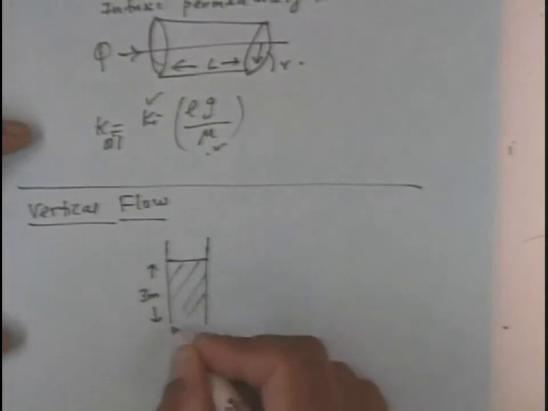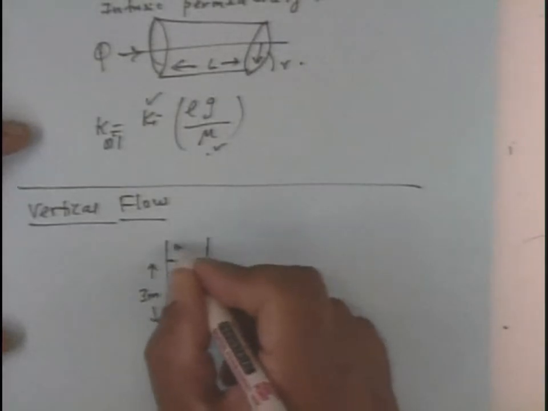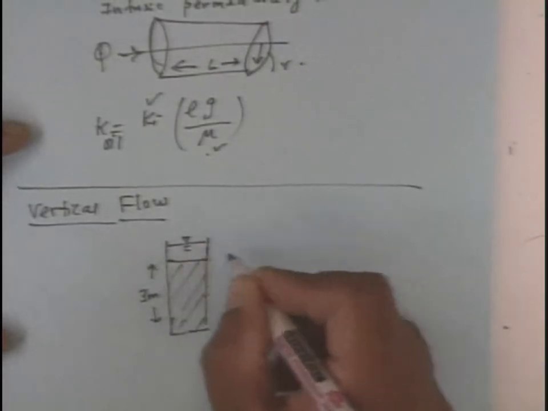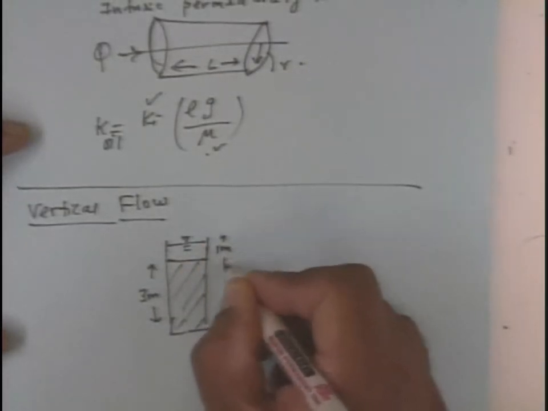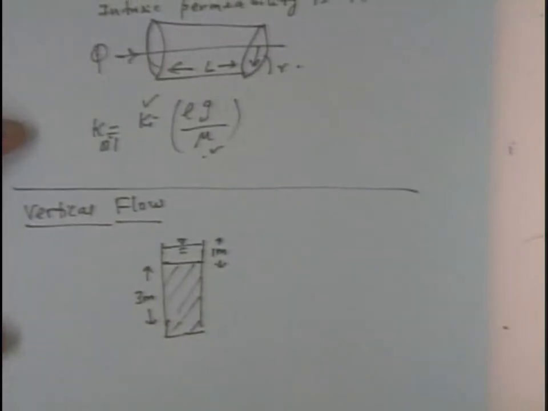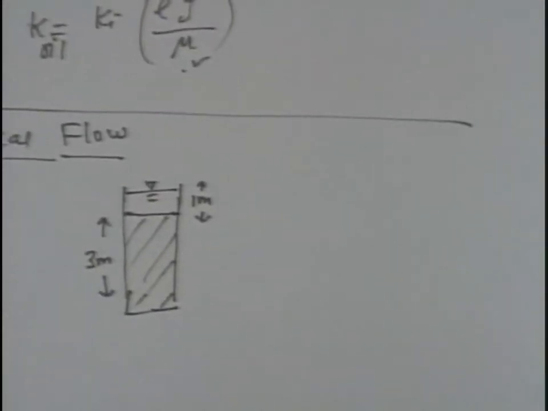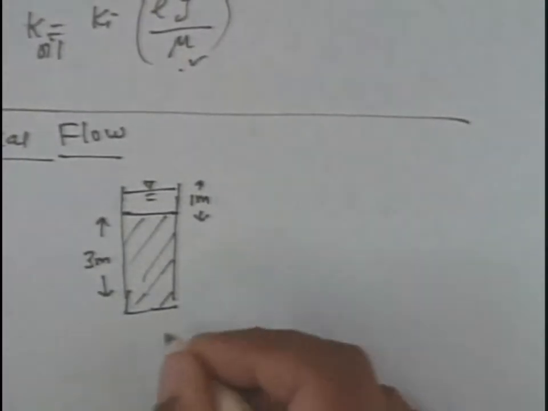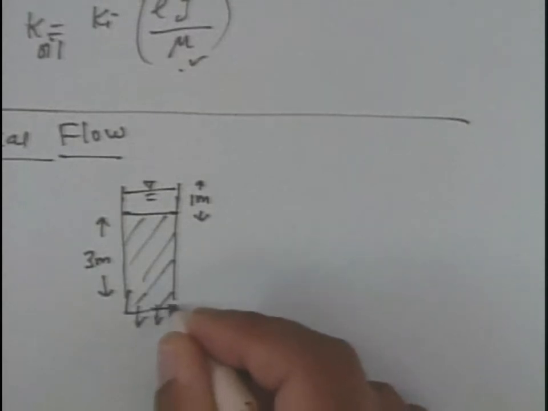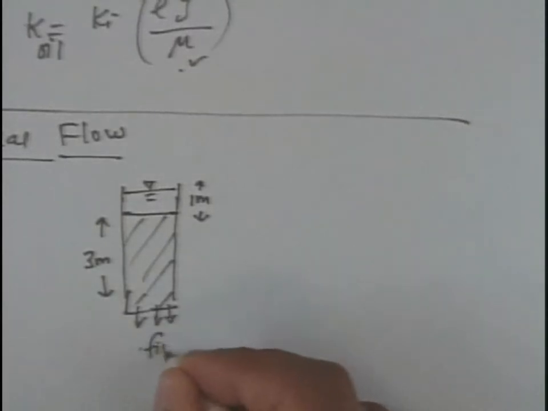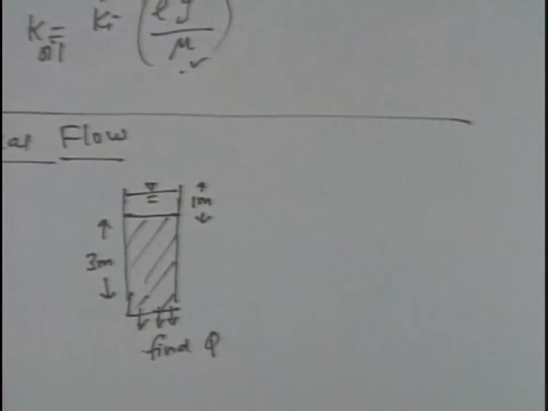This is the packed soil column, and it's got 1 meter of freeboard basically. And so it's dripping water here. Find Q.